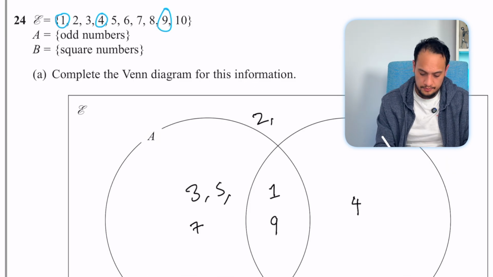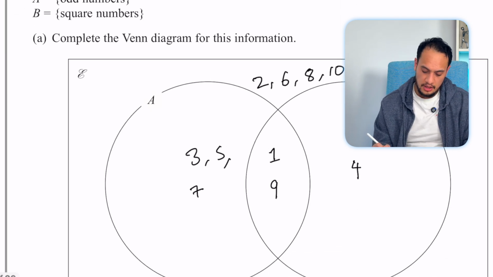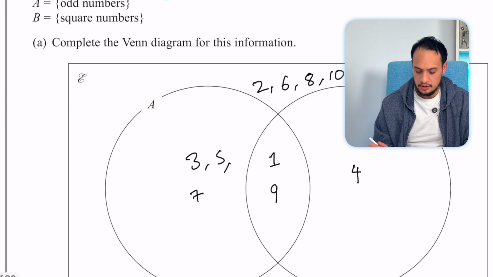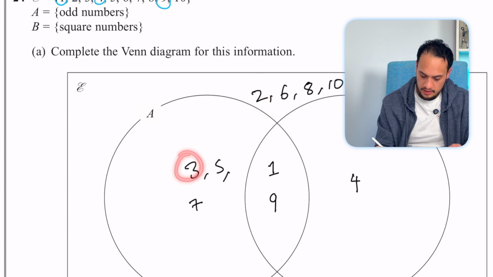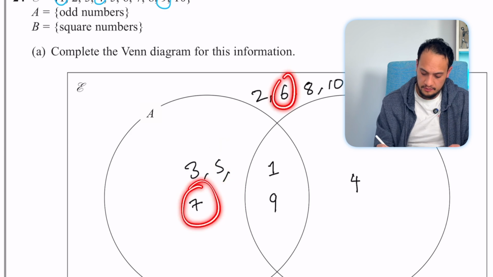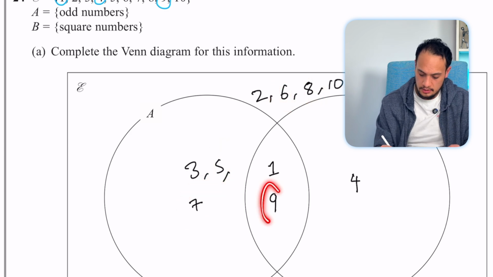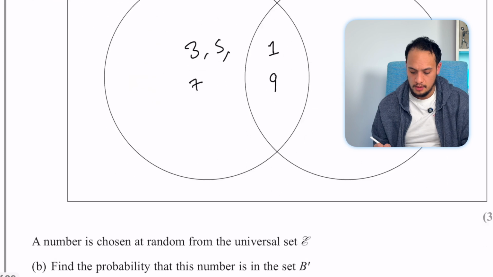We've got 2, 6, and 8, and 10, which have neither of those properties. So good idea, because the numbers 1 to 10, let's count them. So we've got 1, 2, 3, 4, 5, 6, 7, 8, 9, and 10.